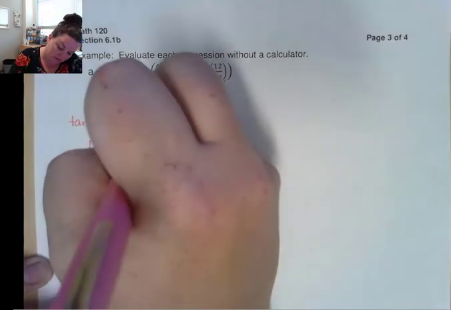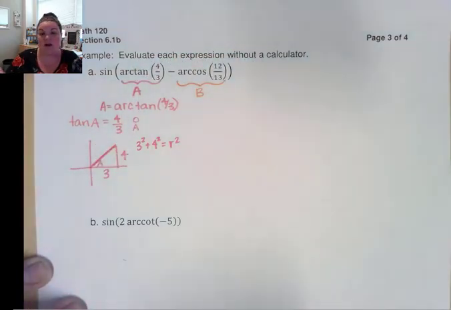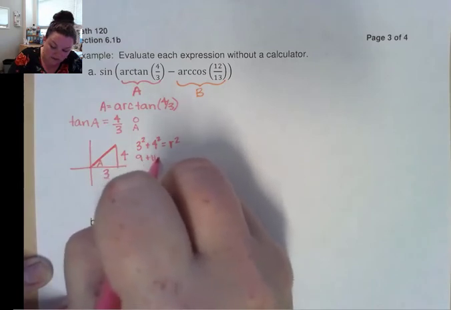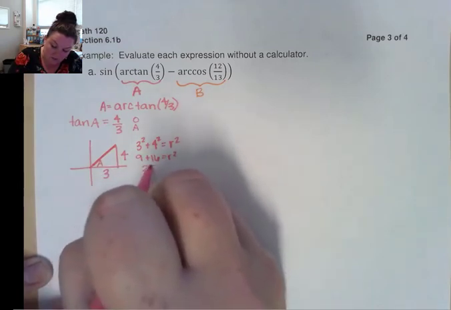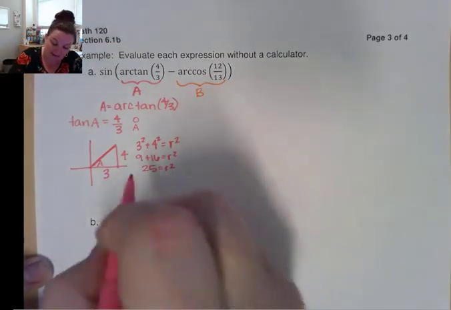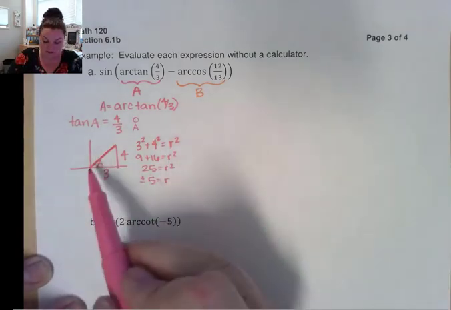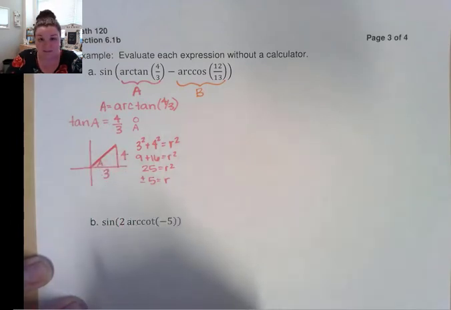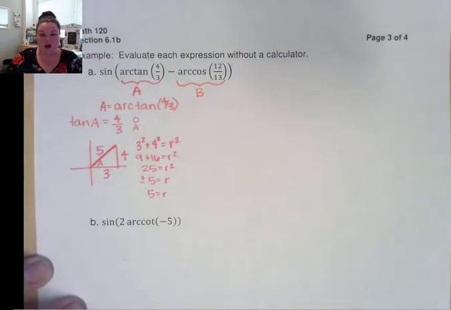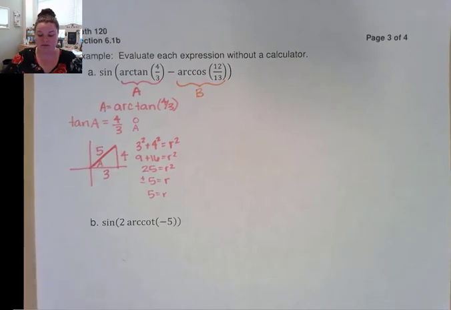So I'm going to do 3 squared plus 4 squared equals my radius squared, or my hypotenuse squared. 3 squared gives me 9. 4 squared gives me 16. So that means that 25 is equal to my radius squared. Now, I can do the square root of 25 in my head. That's going to give me plus or minus 5. But since this represents the hypotenuse, we know it has to be a positive 5. Okay, so this length is 5. All right, so now I know everything I need to know about this A angle, just like we did on the last problem.